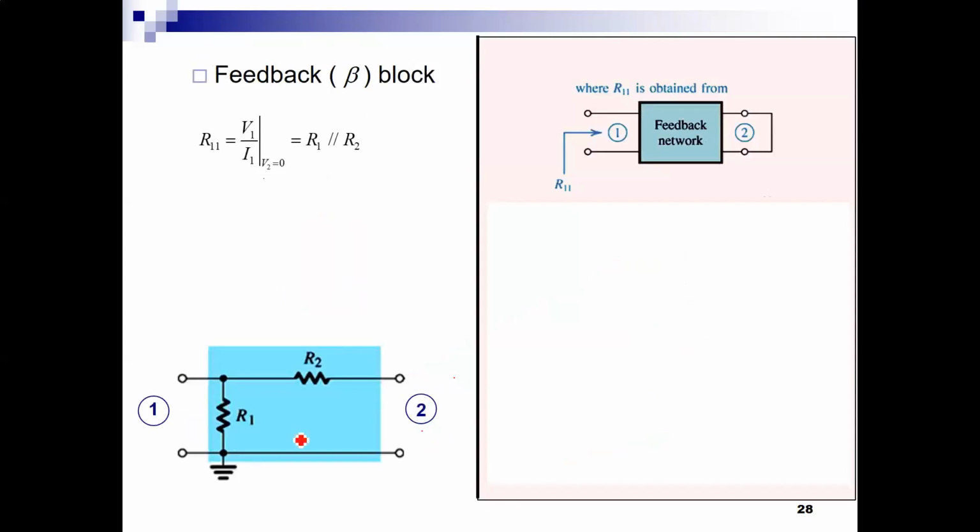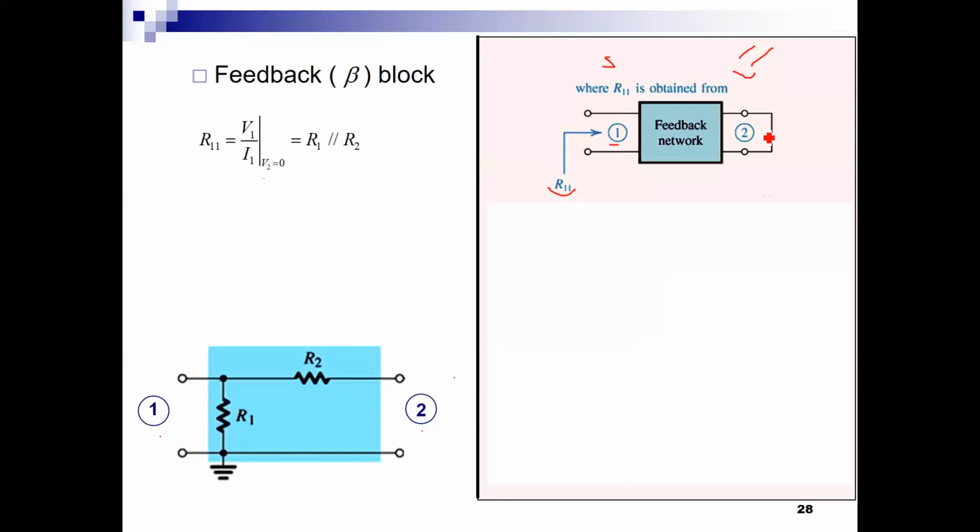We draw the beta block with port 2 and port 1 and follow the rule sheet which I summarized for you here. This is how we derive R11, R22 and the beta gain.